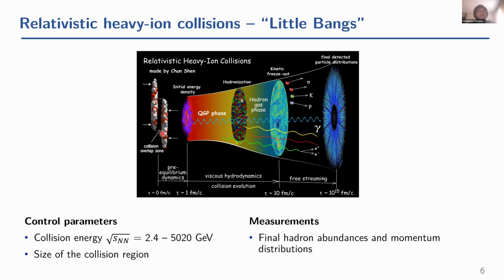They look like pancakes before the collision. And then during the collision, we believe that QGP phase is created, at least at higher collision energies, for a transient period of time. But eventually the matter expands and hadronizes due to confinement. And eventually this hadronic matter turns into a regime of free streaming.